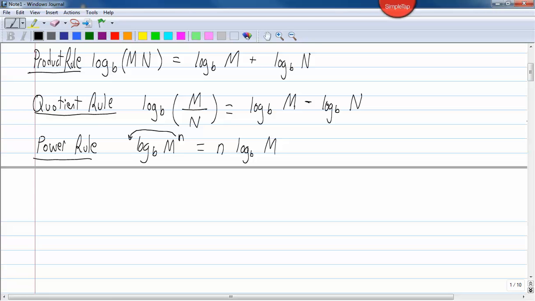There are a few basic properties of logarithms, like log base b of 1.